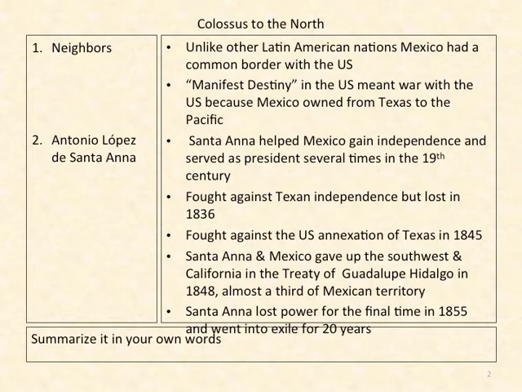So during Santa Anna's time in power, he lost a third of the Mexican territory. He lost power for the final time in 1855 and lived the last 20 years of his life in exile.